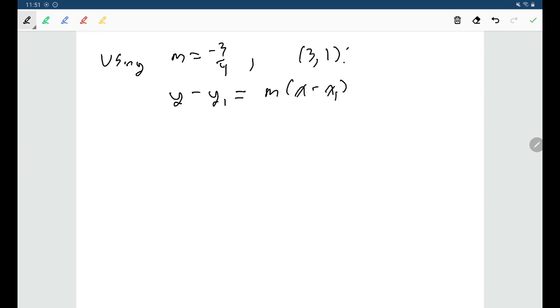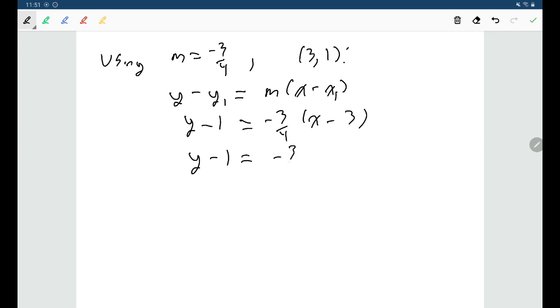I'm using slope-point form because that's what I have. I have a slope and a point. I put in the y coordinate, I put in the slope, I put in the x coordinate, and then now I just need to simplify.